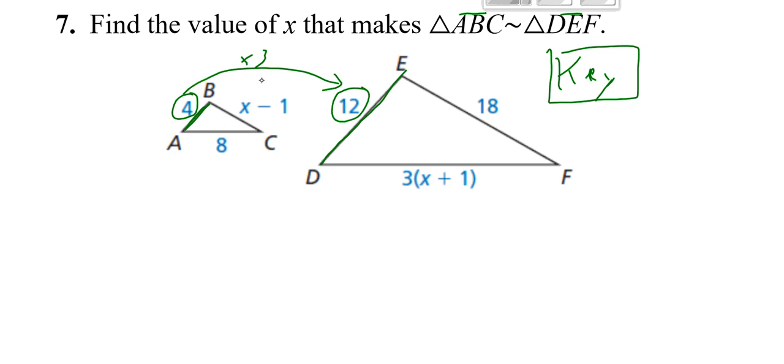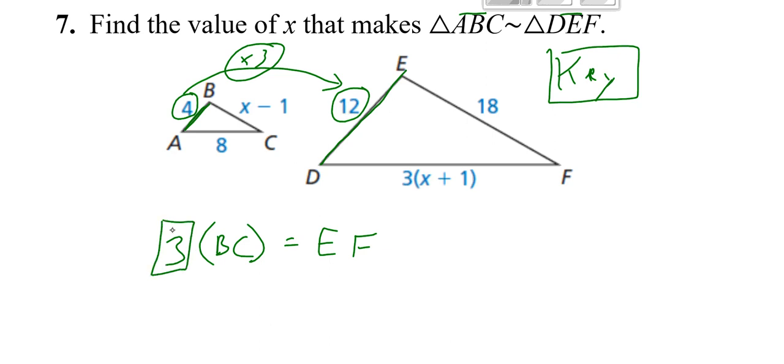So in order to solve for X, I can use this proportionality and say that 3 times my side BC is going to be equal to EF. And that scale factor is going to be true for all of them. So if I want to find the value of X that makes this true, I can do some substitution.